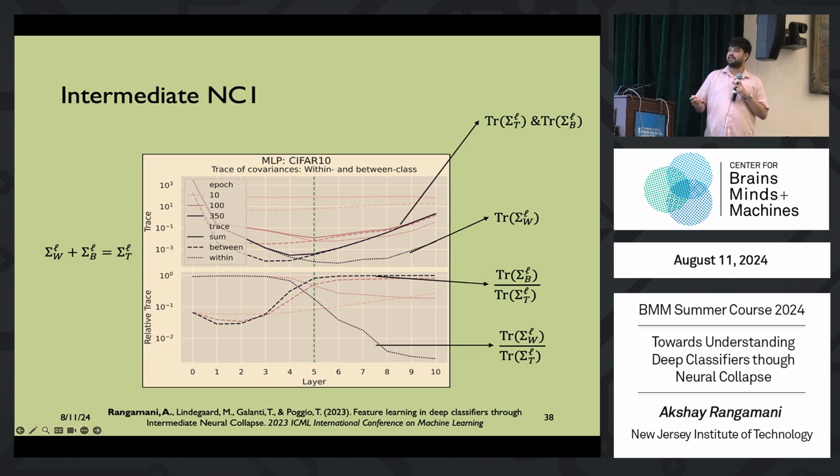Since the within class and the between class covariance contribute to the total covariance, it's more useful to see which has a bigger contribution, and that's why we normalize this. So if you track the statistics through the network, you have the within class covariance dominating in the first few layers, and then towards the end, the between class covariance is dominating.